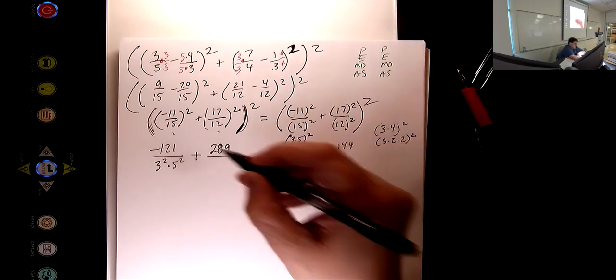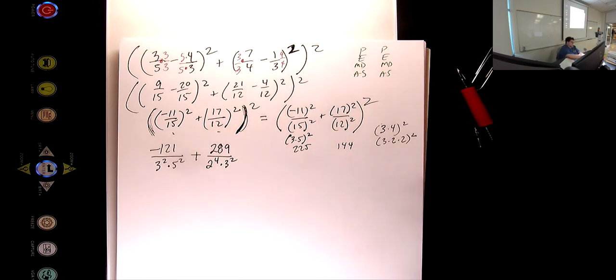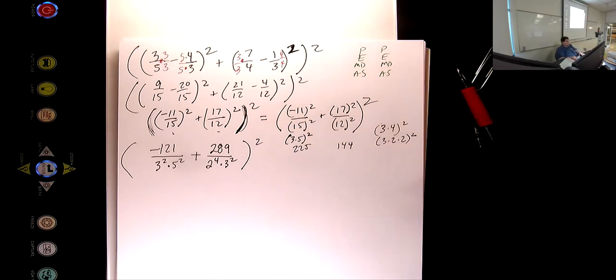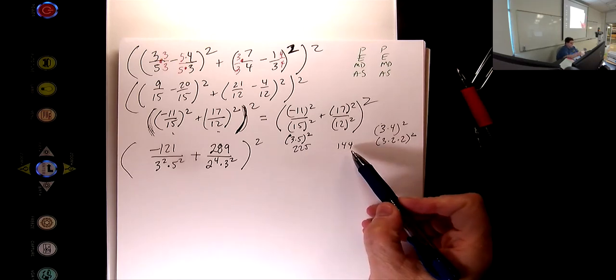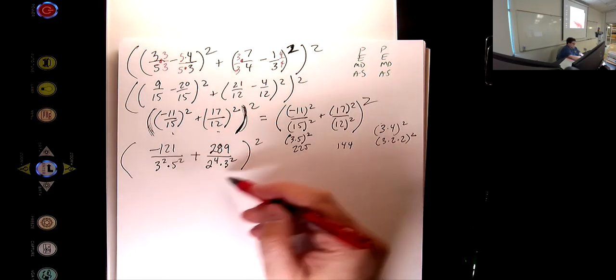So I've got 2 to the 4th power times 3 squared. Now this is all squared. Having done that, to get a common denominator, I don't need to do 225 times one of the fractions and 144 times the other fraction. I just need to look for what's missing in these.